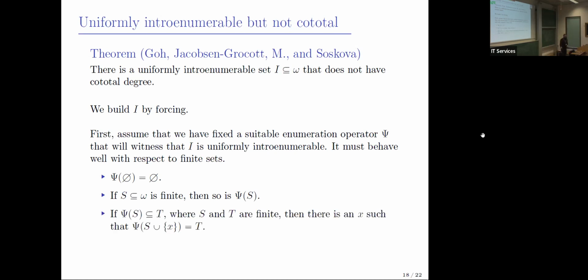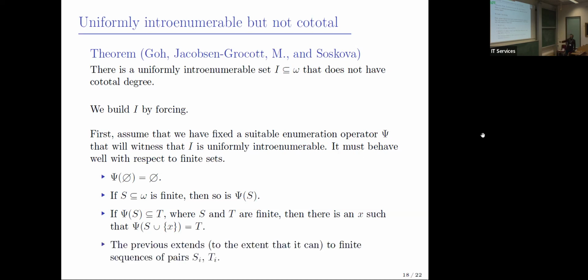And this is where things get more interesting: if psi of S is a subset of T, where S and T are finite, then there's some X, in fact infinitely many, such that psi of S union X is T. We can always grow psi however we want, and not just for one choice of S and T, but under reasonable consistency assumptions, which is why this is not the right way to define psi.